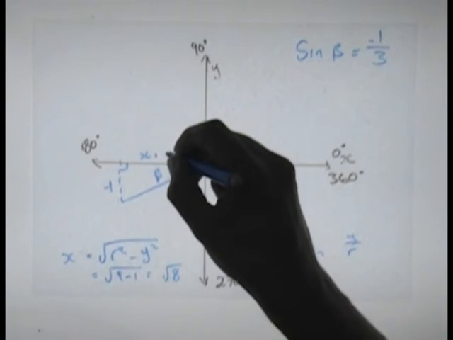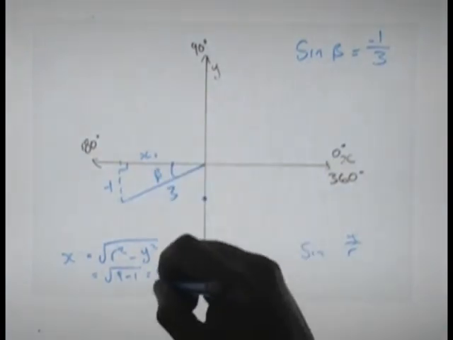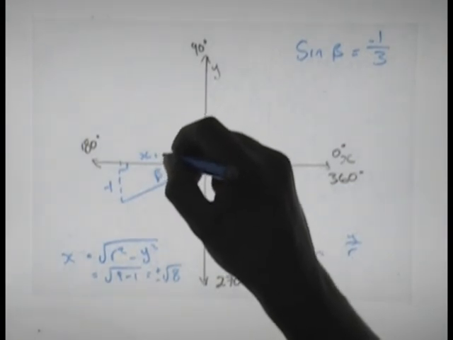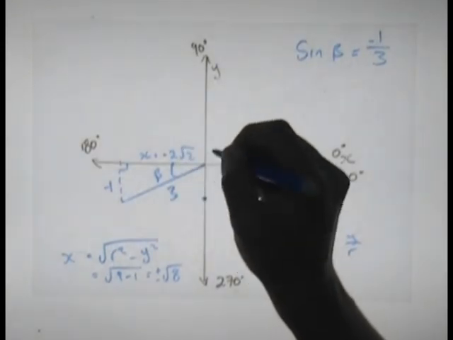That means that the x value could be positive or negative. If it's negative root 8, that is the same as negative 2 root 2, by the way.